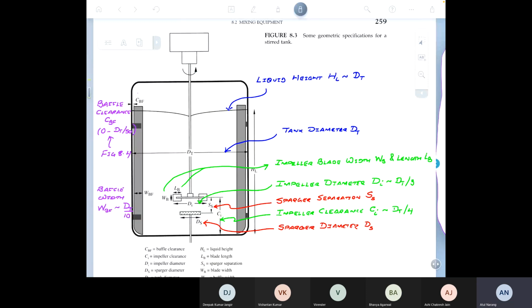If the viscosity of the liquid is high, it's not. So, first of all, the baffle clearance is there only when you deal with high viscosity liquids. If the viscosity is low, there is no baffle clearance at all. And finally, the baffle width, which is on the order of 1/10 of the tank diameter.